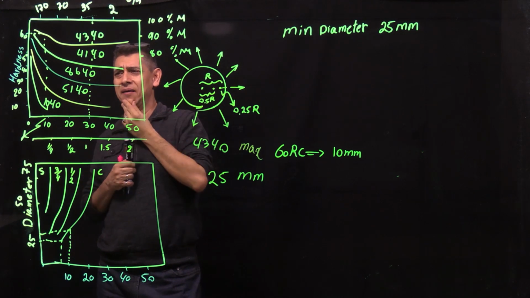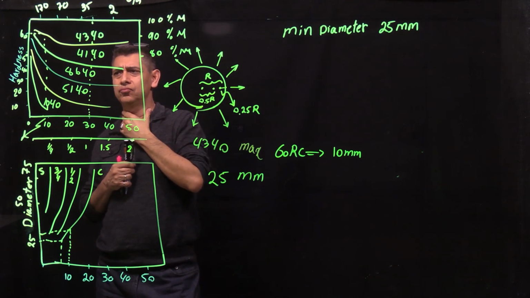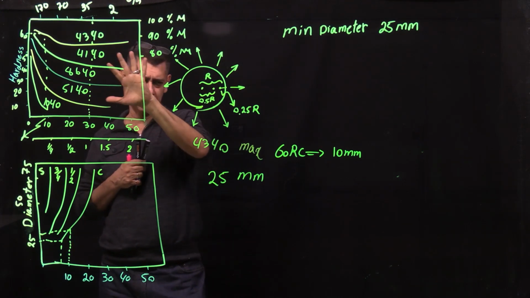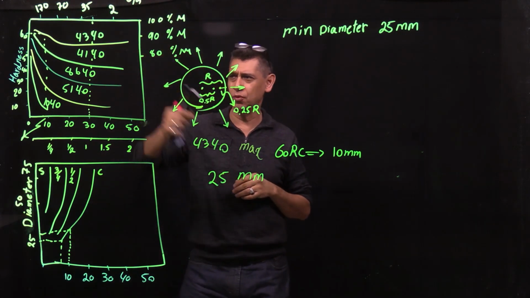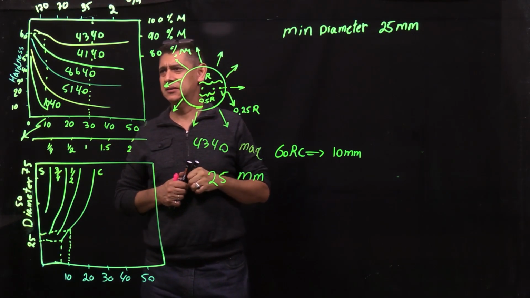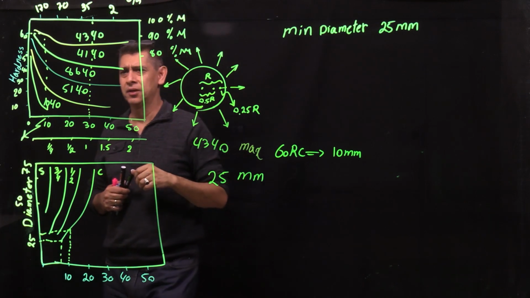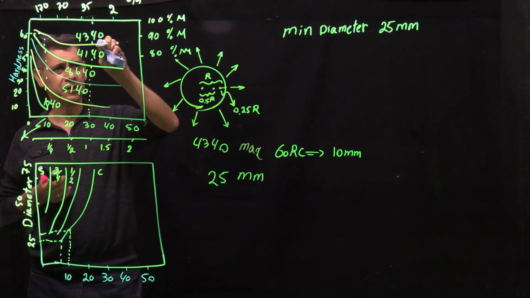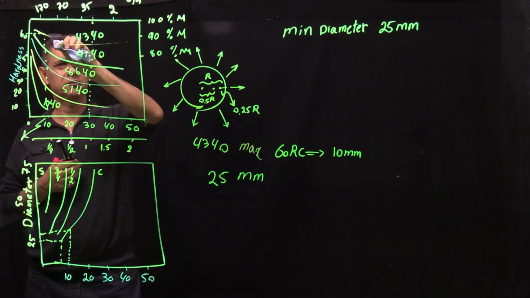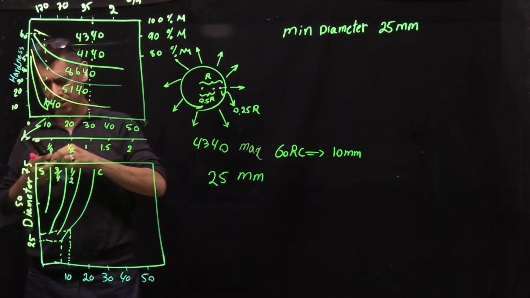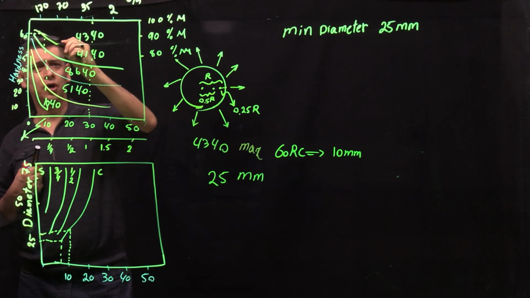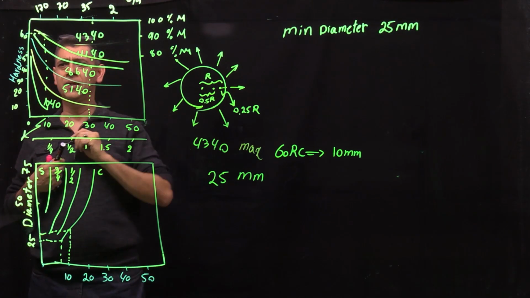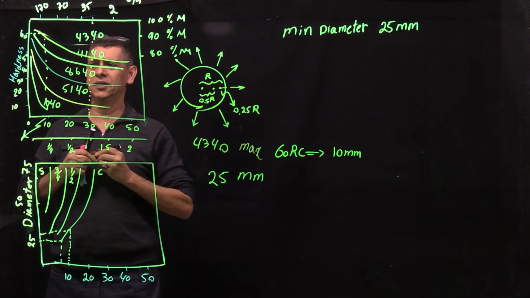On the other hand, I don't want anywhere in my sample to go below 40 Rockwell C. For this particular alloy, you never go below 40. But let's say, for the sake of argument, I change this shape a little bit, make it a little bit more drop like this. And let's say 50.